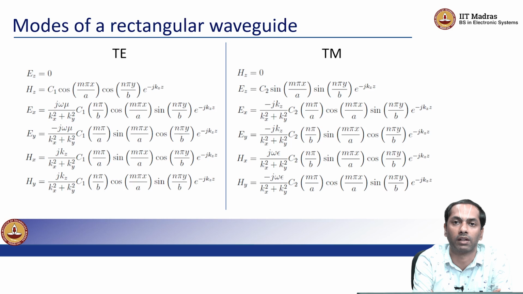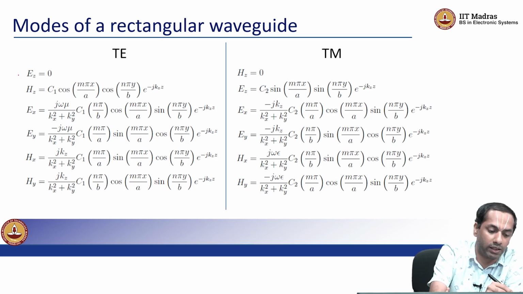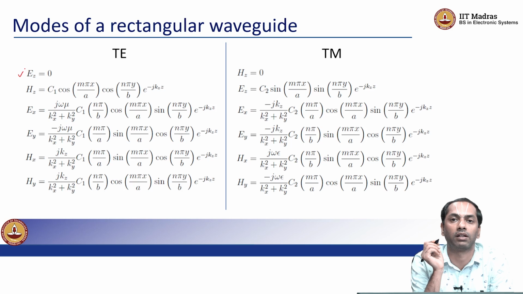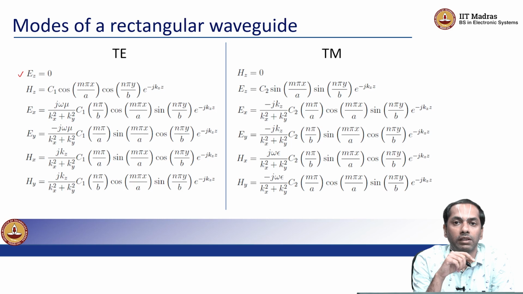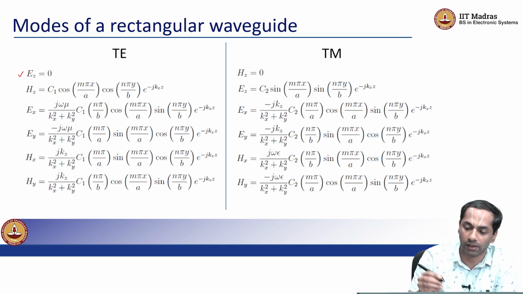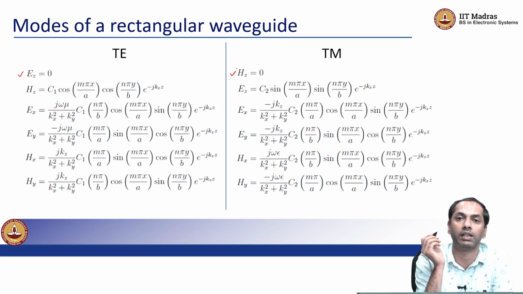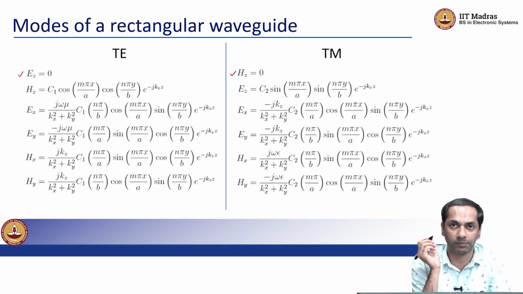this can have a meaning with respect to the waveguides, where we say that if the electric field along the propagation direction, which now is the z direction, is 0 at all points within the waveguide, we classify them as TE modes, right. And similarly, if the magnetic field along the propagation direction is 0, we call them TM modes, right.